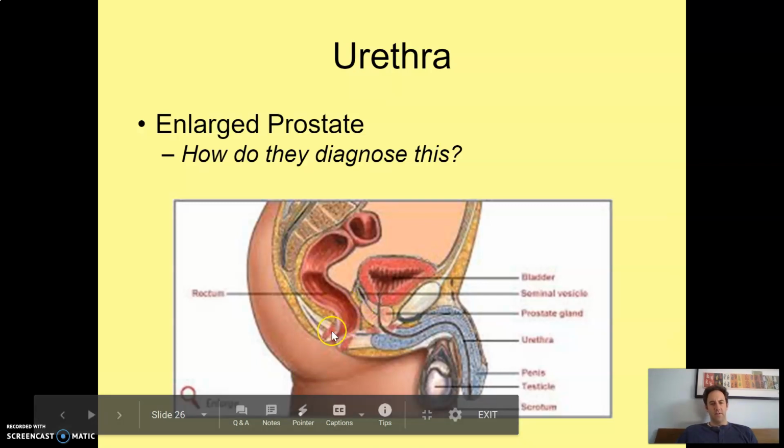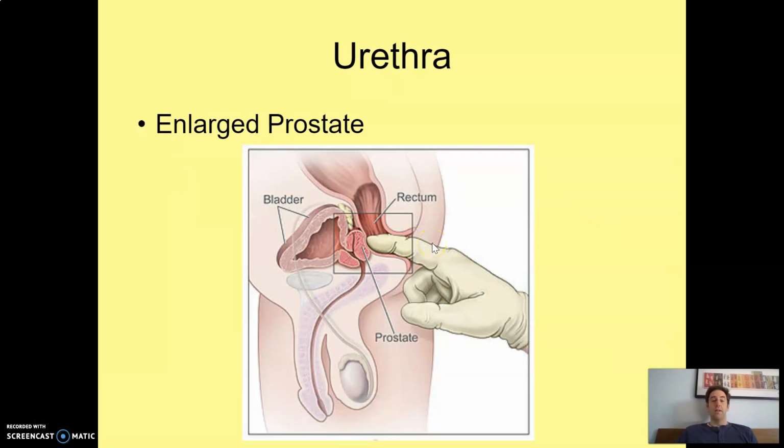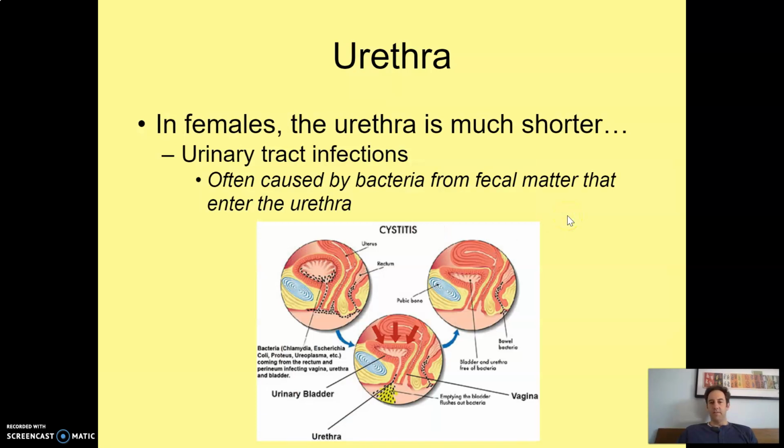And if you haven't figured this out yet, that is the anus, my friends. And so they actually will, with a gloved hand, have to shove a finger up the anus to kind of feel that. Yeah, not very pleasant.